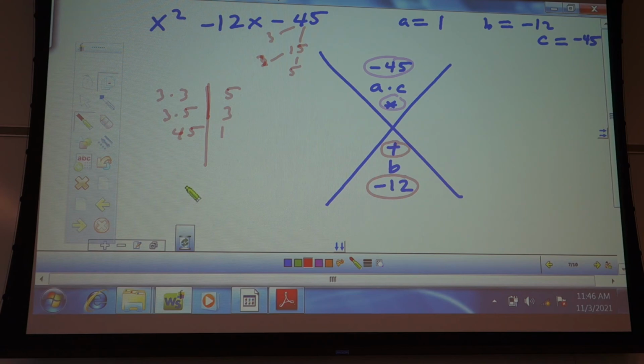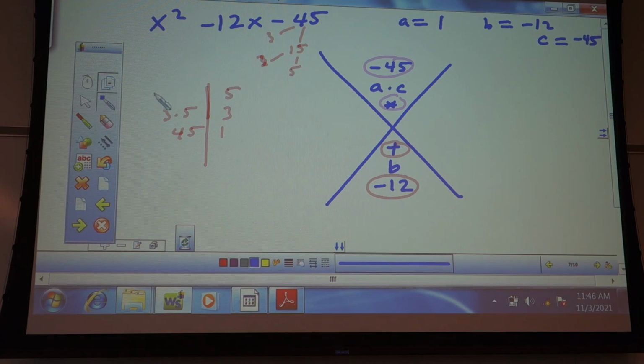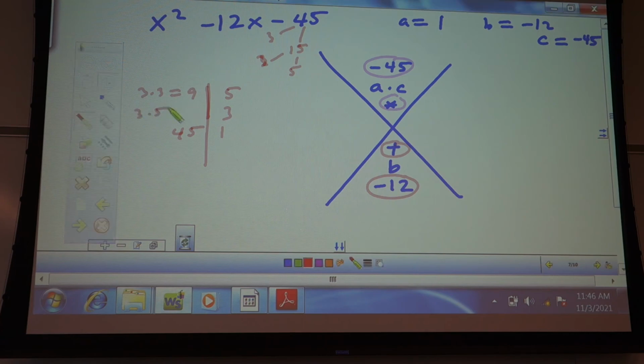So 3 times 3 is 9, or 3 times 5 is 15. The 3 different combinations are 9 and 5, 15 and 3, 45 and 1, with one of them being positive and one negative.